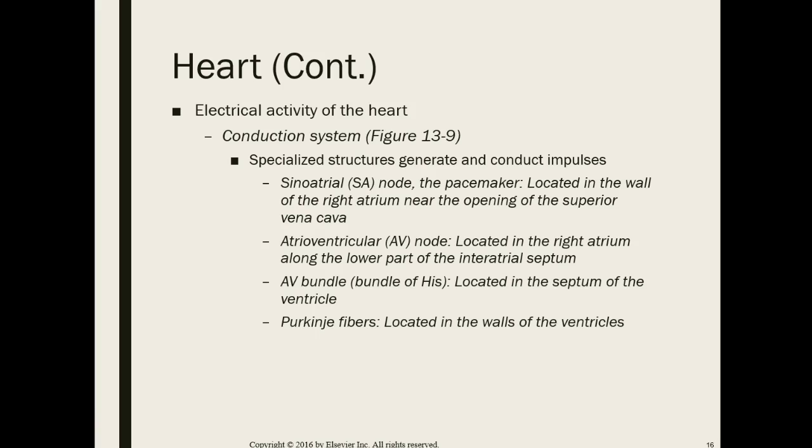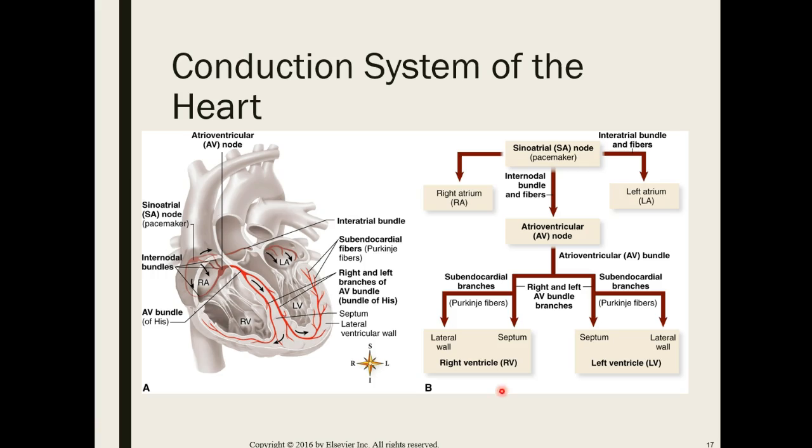Next, it's going to travel to the atrioventricular, or AV node, which is located in the right atrium along the lower part of the interatrial septum. So here you can see the AV node right here.